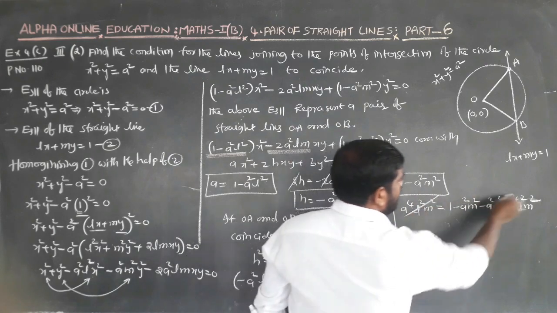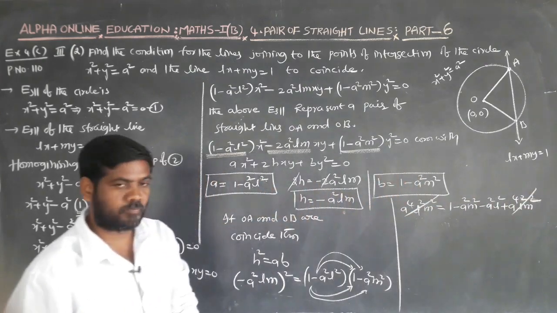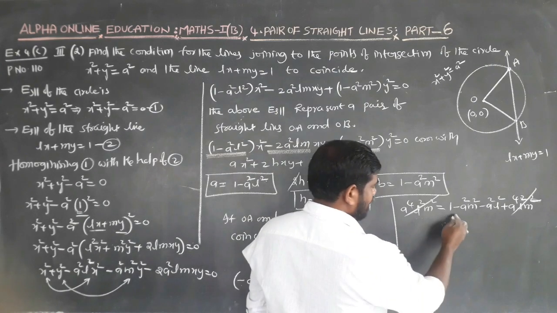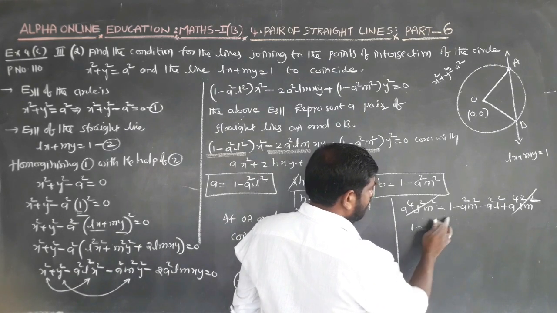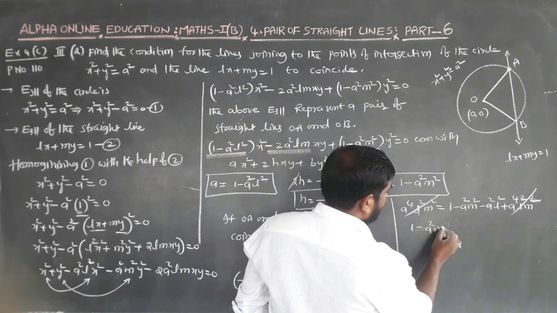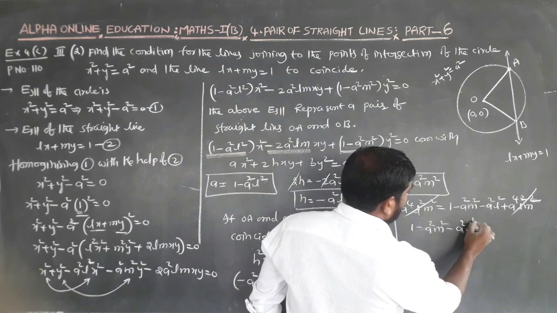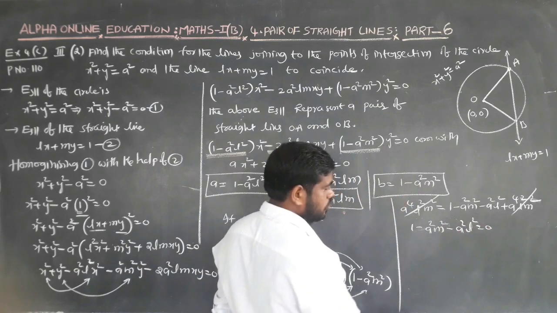The a power 4 l square m square terms get cancelled. 1 minus a square m square minus a square l square equal to 0.